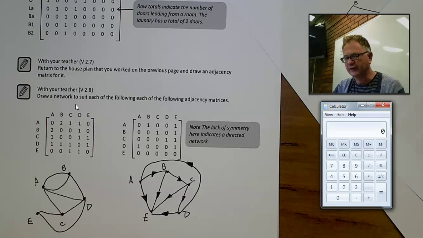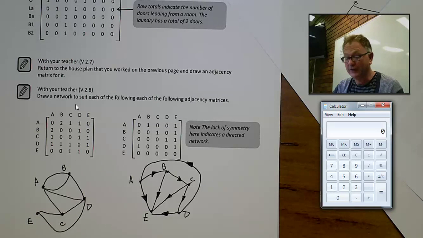The other thing you'll find is this. I actually had a bit of a go of this on a bit of scrap paper before I turned the video on. And my first network I drew was actually pretty messy. It had lots of lines crossing over each other and that sort of thing, and it was difficult to read. So I found by rearranging the points on the page, it looked like here I put them down just at random, but actually I had thought about it.